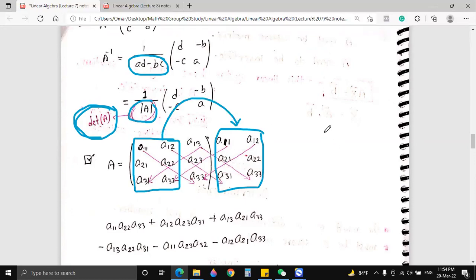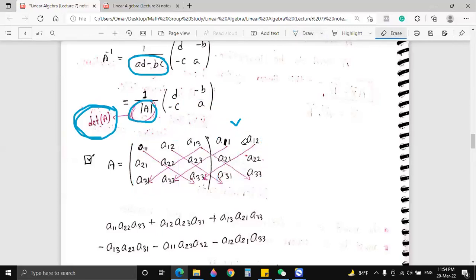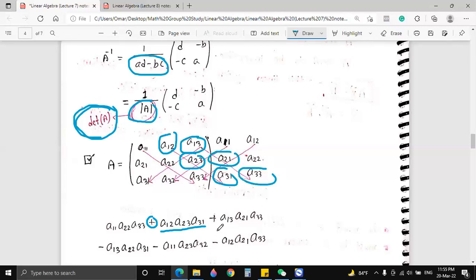Okay guys, and then you need to multiply this way. I have marked them here. If you multiply this way, A11 into A22 into A33, plus A12, A23, A31, plus A13, A21, A32.